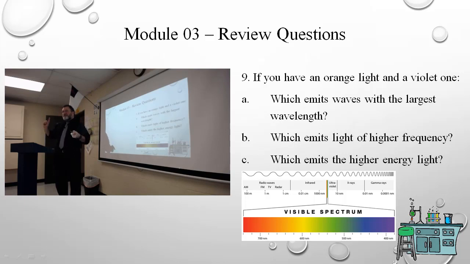Which light has a higher frequency? Well, remember, wavelength and frequency are inversely proportional. So whichever one has the higher wavelength must have the lower frequency. So it has to be the other one. Or you could look at it and say, okay, Roy G. Biv, small frequency, high wavelength. Or if you want to be daring and use the other way, this is Roy G. Biv for wavelength, and the inverse would be Roy G. Biv for frequency.